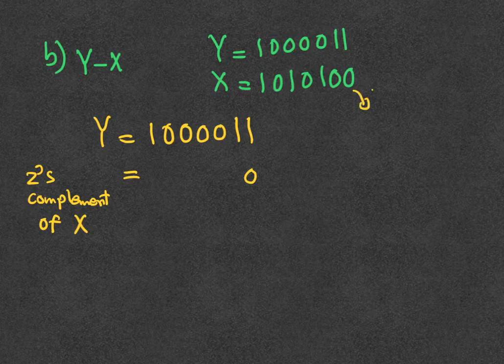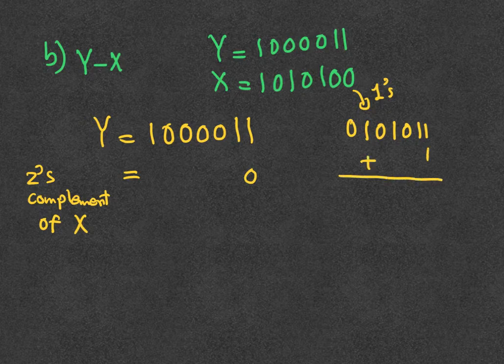Okay, let me write it down. The 1's complement is just 1 1 0 1 0 1 1, and then you add 1 to this number, the 1's complement. So 1 plus 1 is going to be 2, so you get 0, and then another 1 goes to the top as a carry.